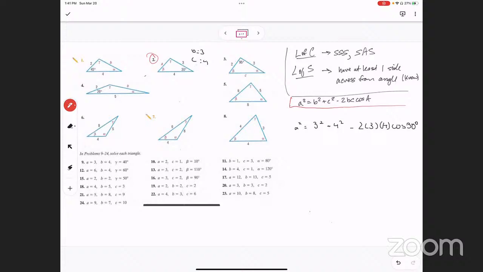Okay, so cosine of 30 degrees is 0.86. I'm just putting it into the calculator.